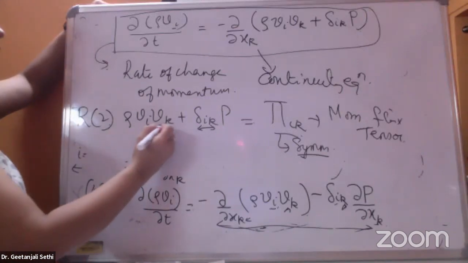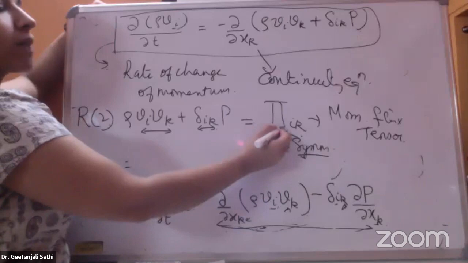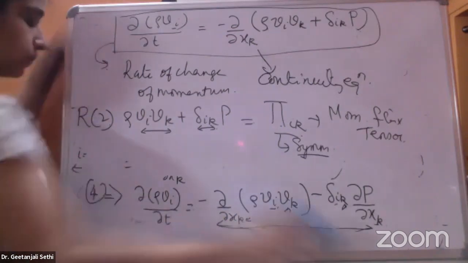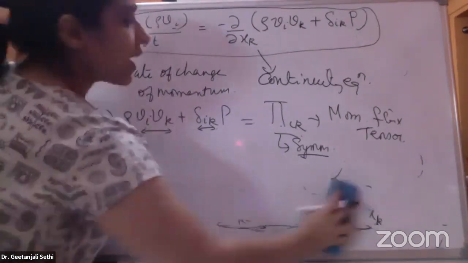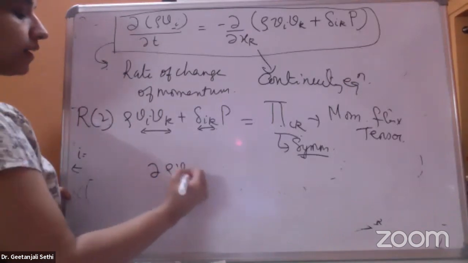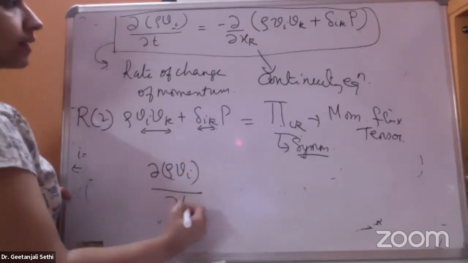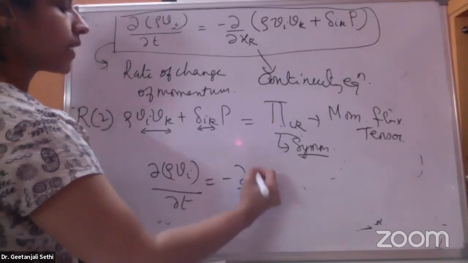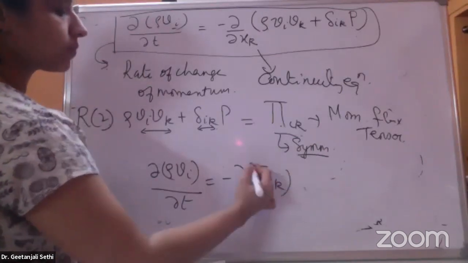So rho Vi Vk plus delta ik p can be combined into a tensor, what I call the momentum flux tensor. And then I can write, I'm going to stop after this, rho Vi by del t as minus del by del xk of this.